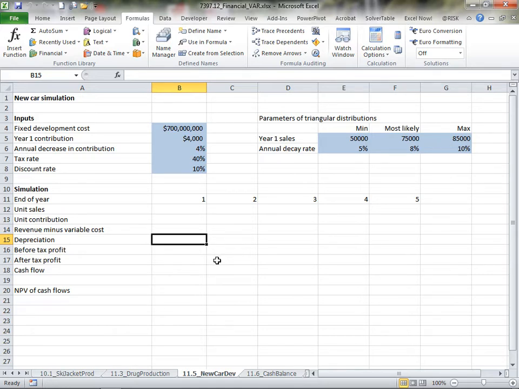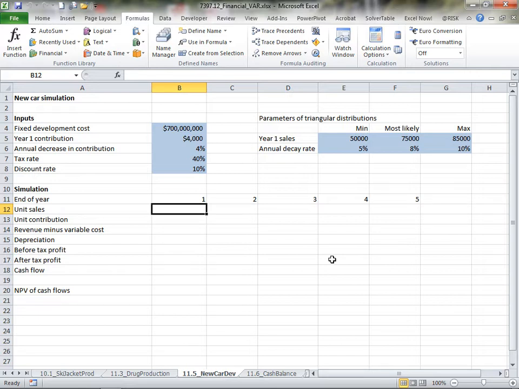So we're going to recognize the cost of development as part of our depreciation. But then what's going to happen on the cash flow basis? We have to add that depreciation back, because we've already incurred the cost. So we want to keep that in mind.